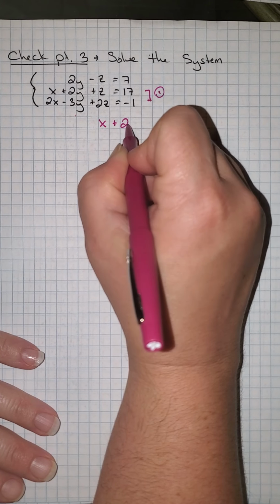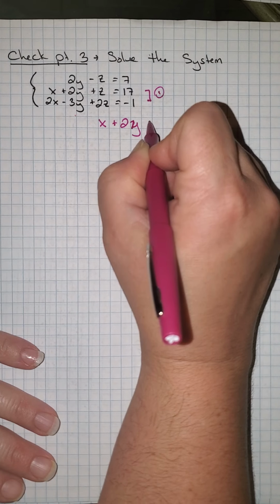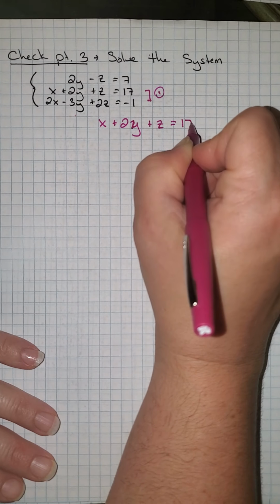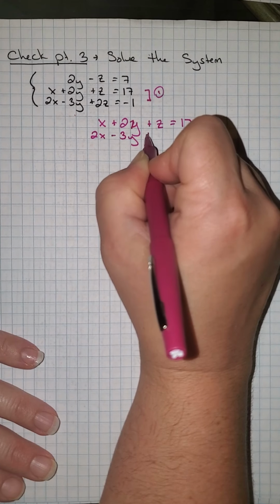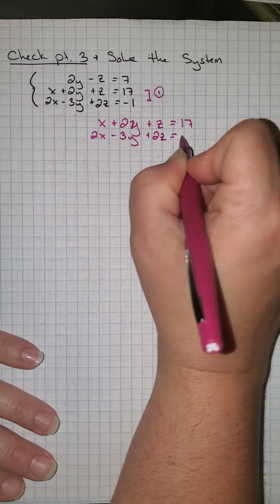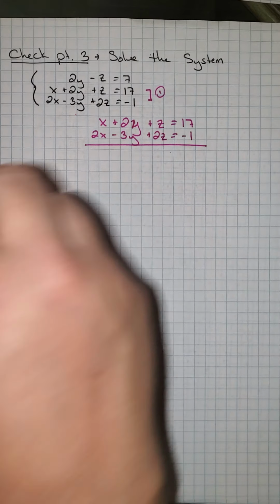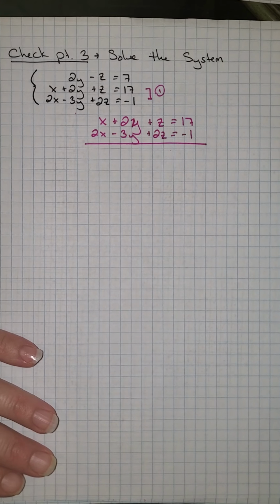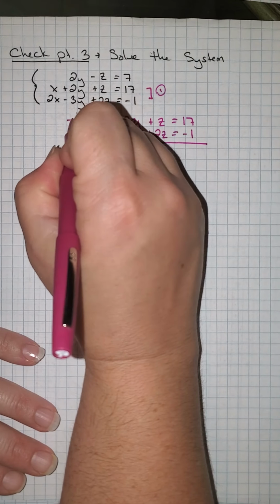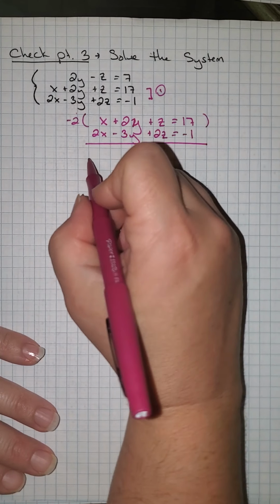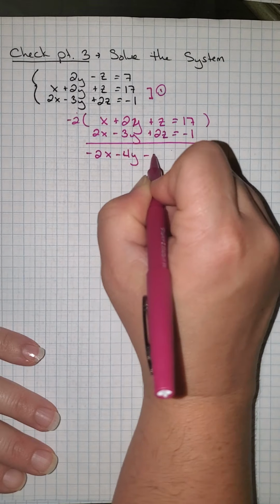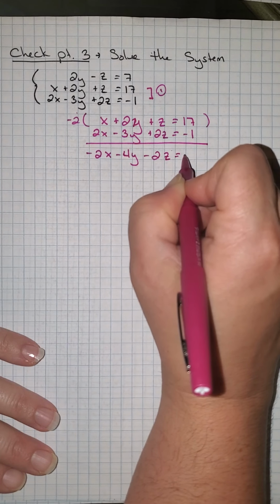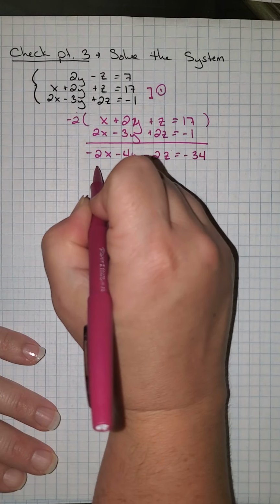So putting x plus 2y plus z equals 17 together with 2x minus 3y plus 2z equals negative 1. So like I said, we need to get rid of the x's. So I'm going to multiply this first equation by negative 2. You end up with negative 2x minus 4y minus 2z equals negative 34.